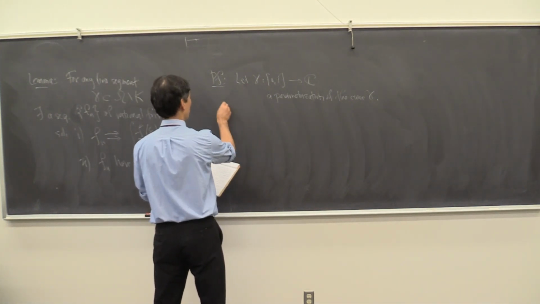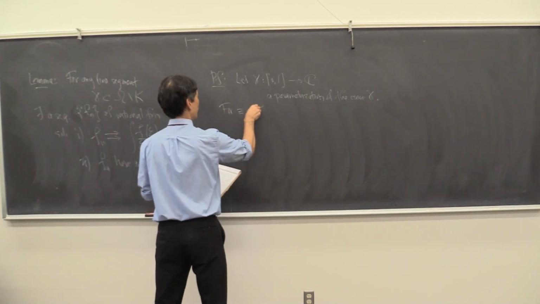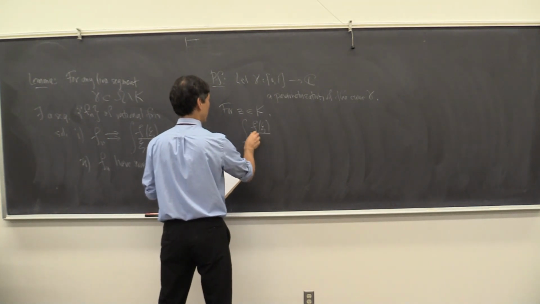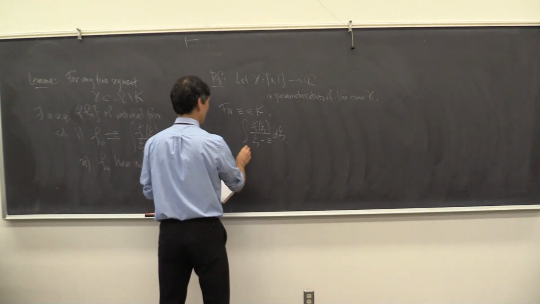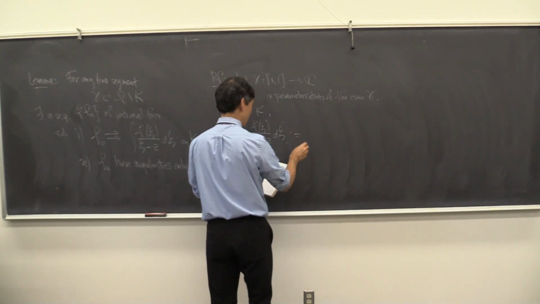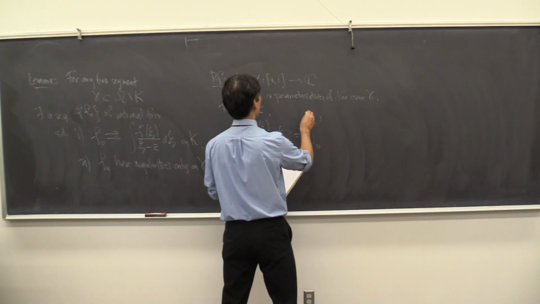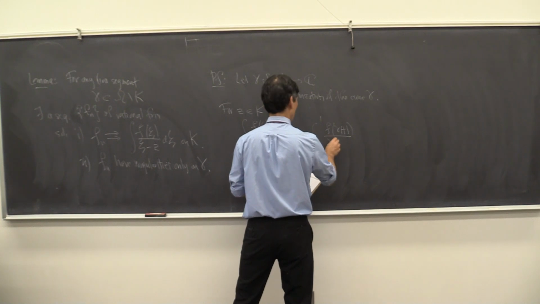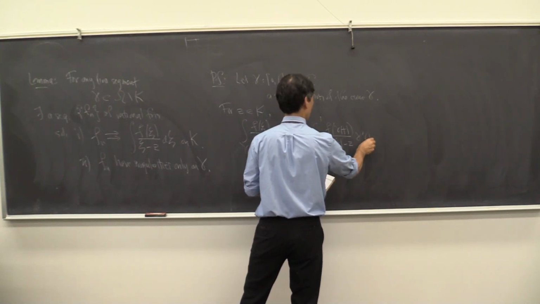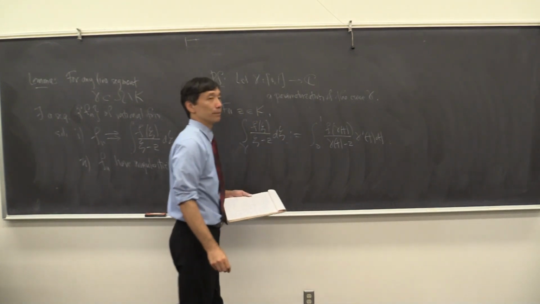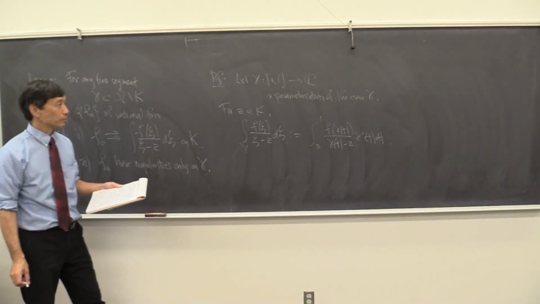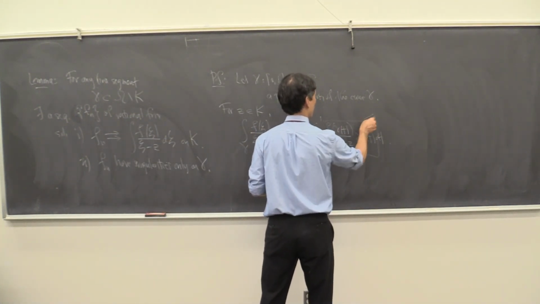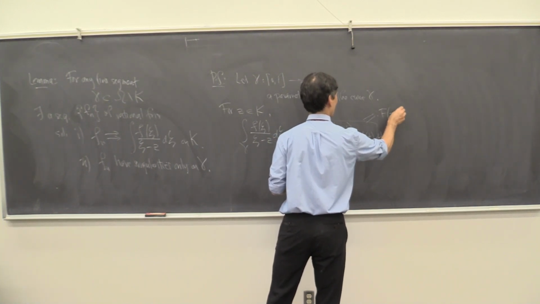Then for z in K, by definition, evaluating this gives the integral from 0 to 1 of f of gamma t over gamma t minus z, gamma prime t dt. That's just the definition, and we'll call this integrand f of z comma t.